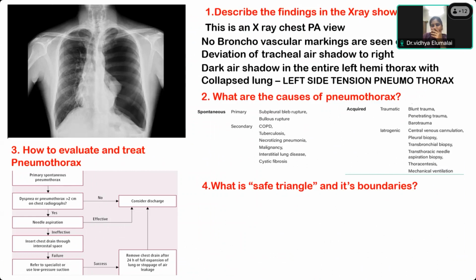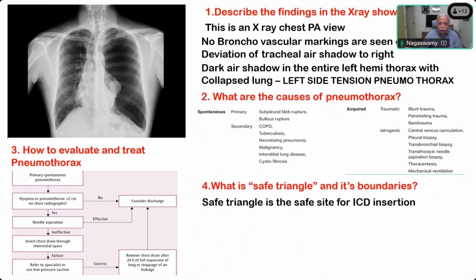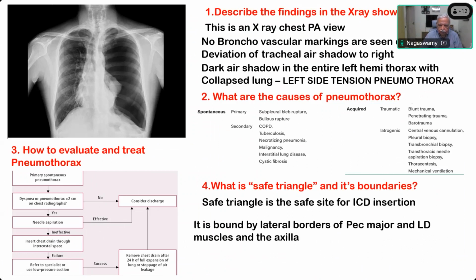The safe triangle is the safe site for ICD insertion. It is bounded by the lateral borders of pec major and LD muscles, and superiorly by the axilla. The ICD tube is to be inserted through the fifth intercostal space in this triangle, not fourth, fifth intercostal space.